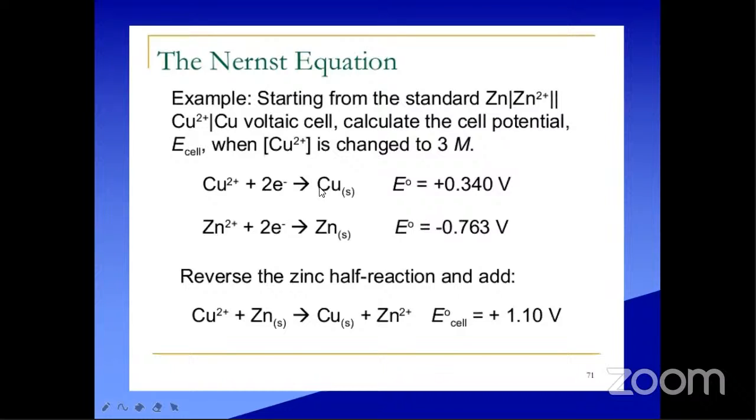Here, copper 2 plus to copper, E naught of the cathode is 0.34 volts, and E naught of the anode is minus 0.76 volts. Already we saw that. So E cell equals E cathode minus E anode, which is 0.34 volts minus minus 0.76 volts, so 1.10 volts.